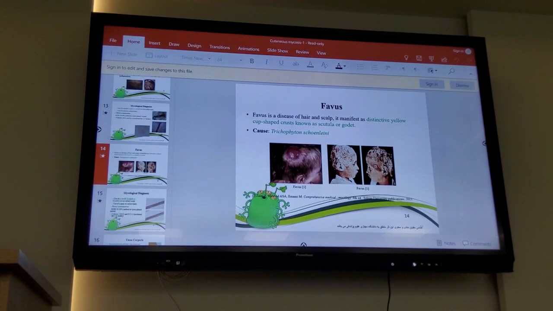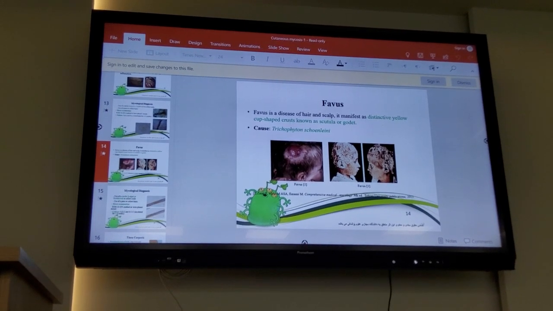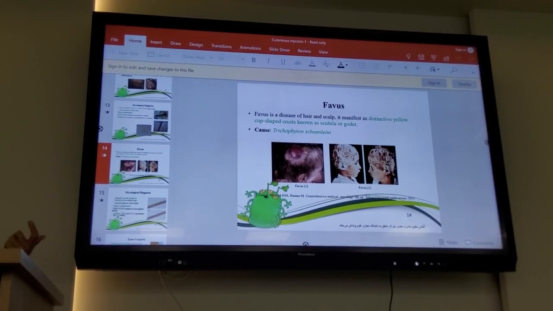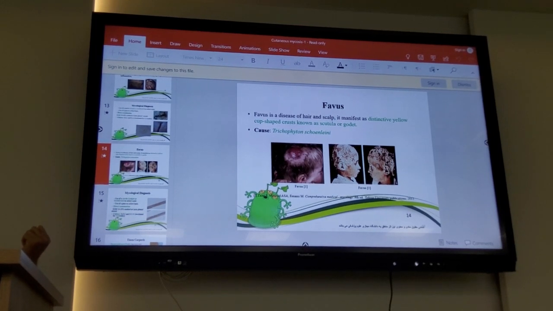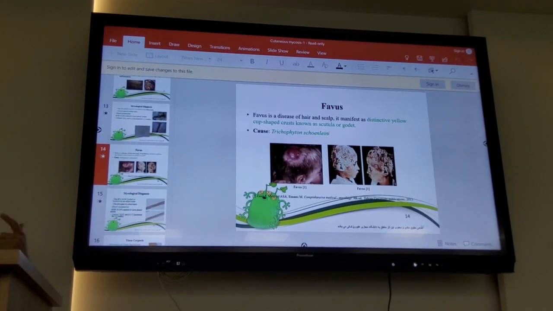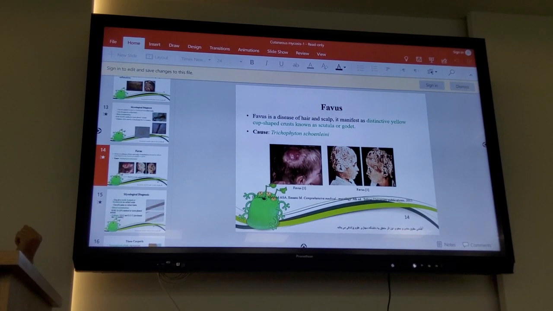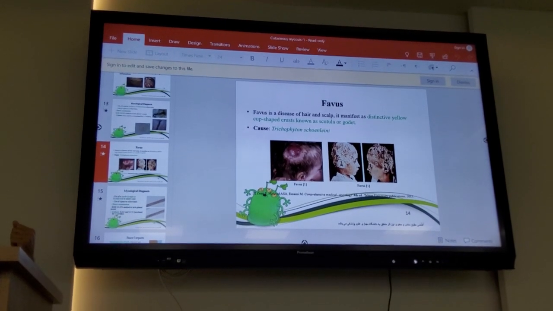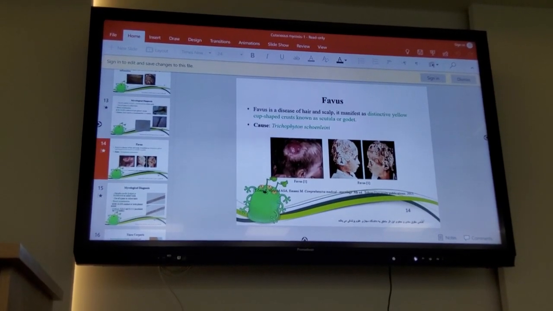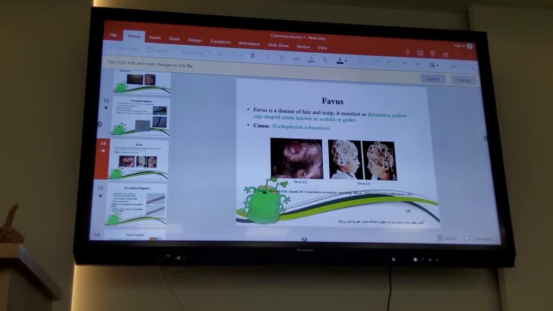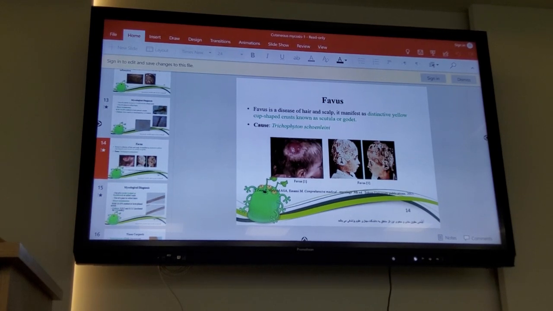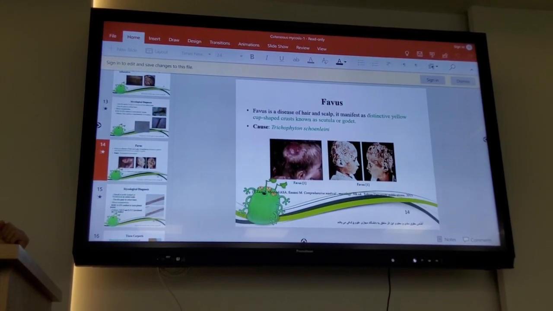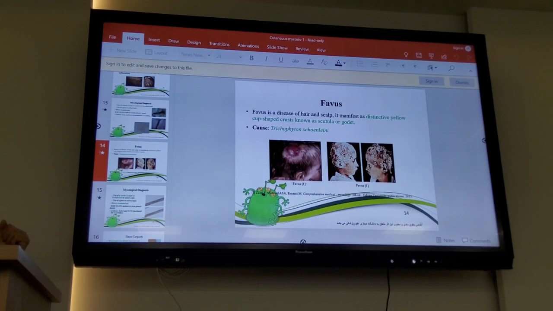In the laboratory, we must prepare the sample. What is the sample? The hair, the scale. You must prepare the hair and scale and use KOH solution for high resolution of fungi in hair and examine with a microscope.